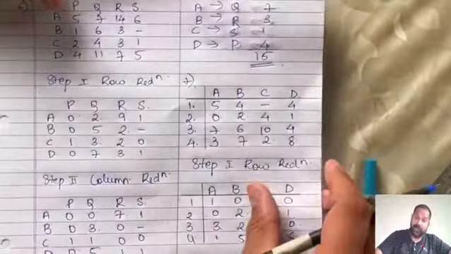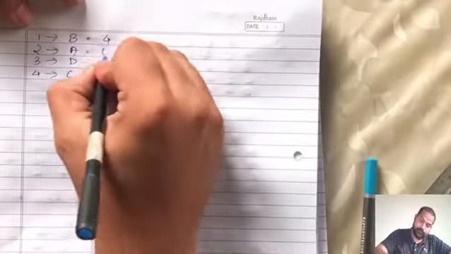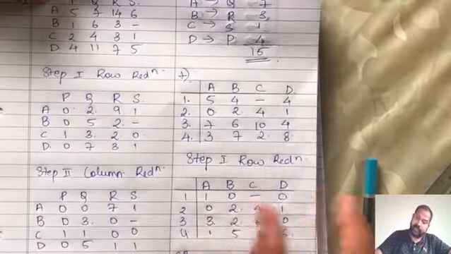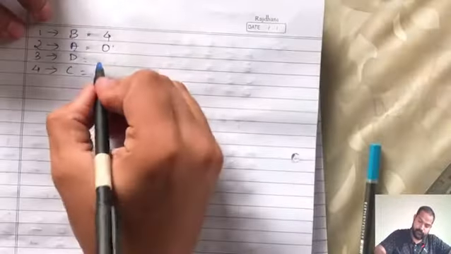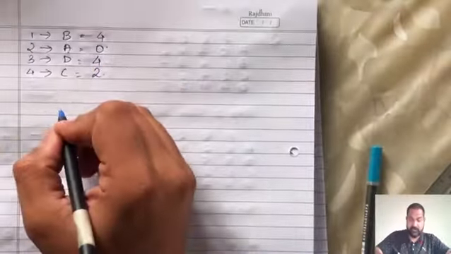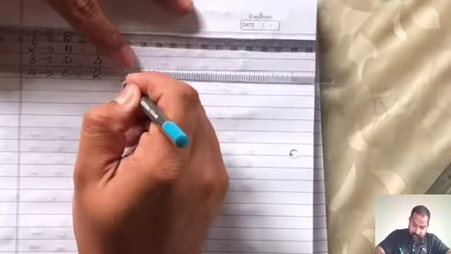Fantastic. So 4. 2 going to A can be done in 0. 3 going to D can be done in 4. And lastly 4 going to C can be done in 2. That's it. That is my final answer.